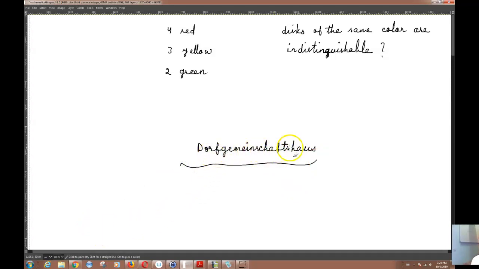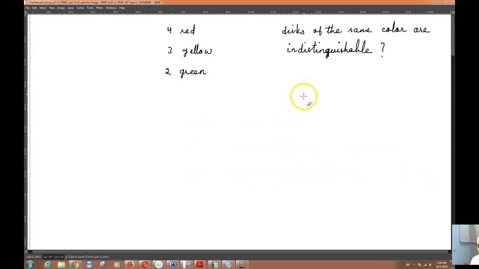Dorf means village. Gemeinschaftshaus means the kind of house where everybody in the community gets together. So that means the house in the village where everybody in the community gets together, or something like that. Now, the German language is of course known for long words, but I've never actually come across words as long as indistinguishable in the English language.